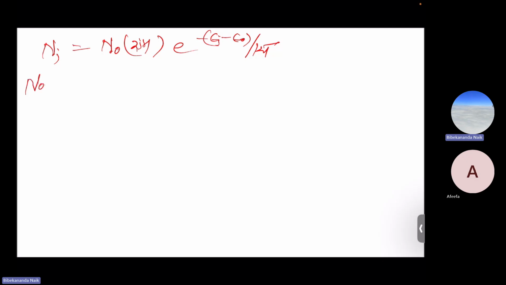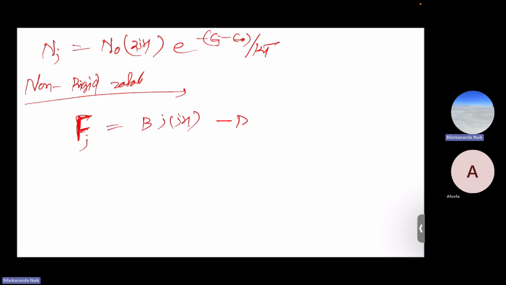Also the concept of the non-rigid rotator was discussed. In the case of the non-rigid rotator, the energy term in terms of wave number is given by B J into J plus 1 minus D J square into J plus 1 square.